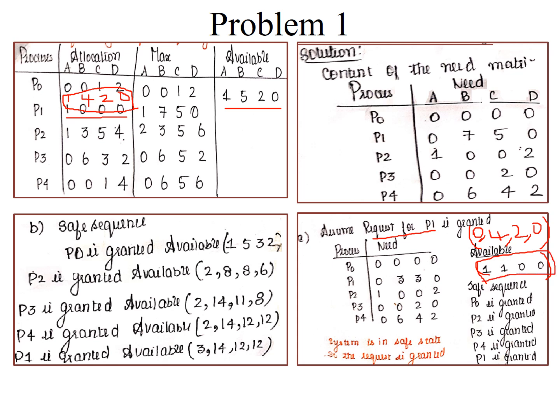Then the need matrix would be max minus allocation. So 1 7 5 0 minus 1 4 2 0 would be 0 3 3 0. This is what we have learnt in the resource request algorithm. Available becomes available minus request. Allocation becomes allocation plus request.